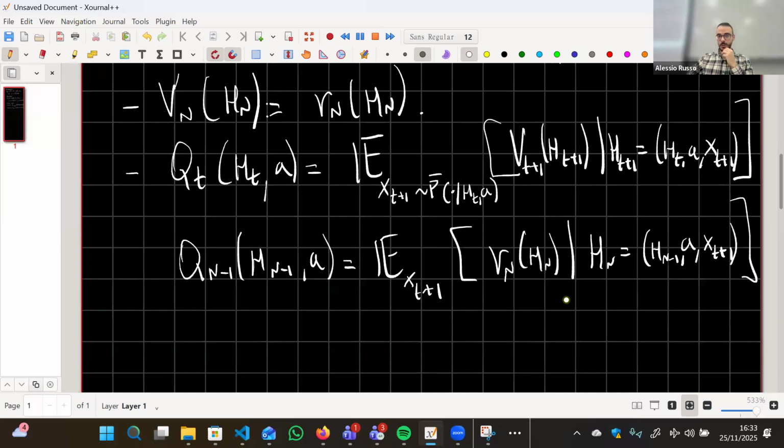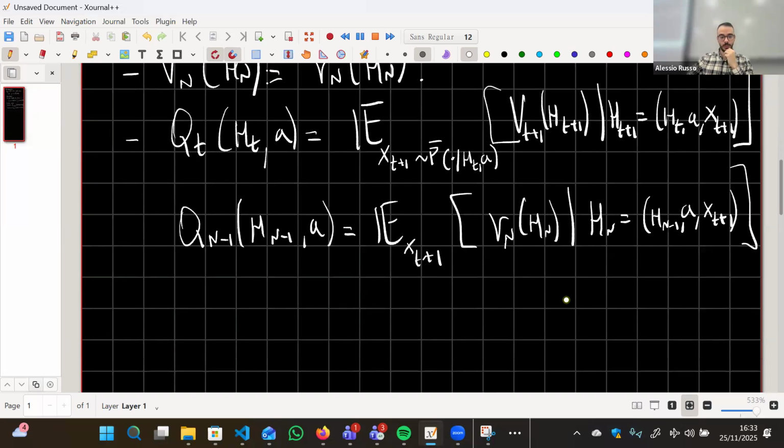So for n minus 1, it's fine. We now define Vt, at time t, to be equal to the maximum over actions of the Q function.